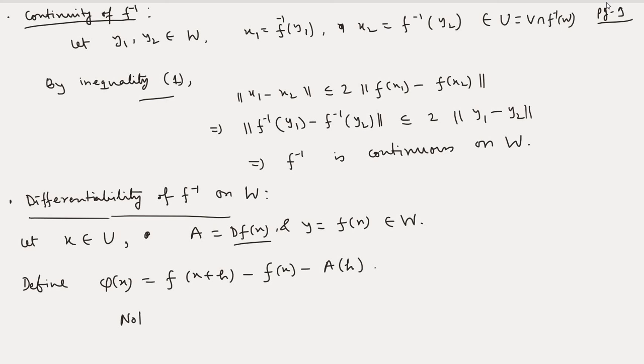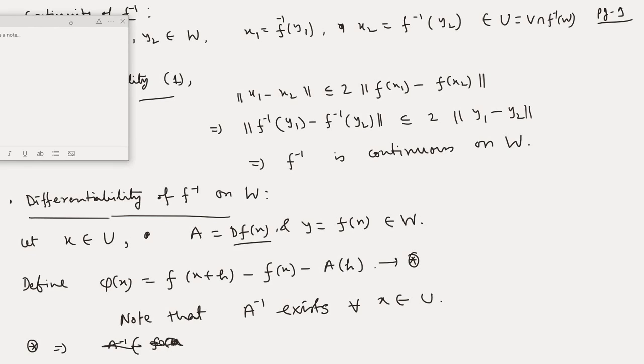Note that A inverse exists for all x in U. Therefore, by multiplying with A inverse, star implies, okay, let us go to the next page, page 10.